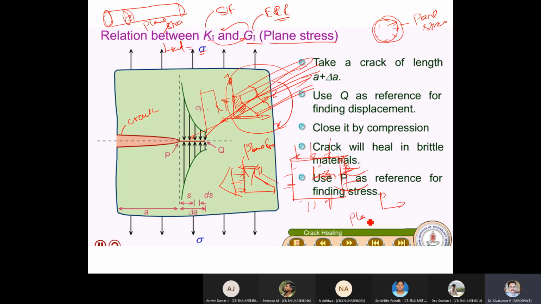But what is the nature? This is plane stress nature. In plane stress, there will be a chance of third direction displacement, that is, you will get UZ. Though we have considered the Z direction responses all 0, you will still get the UZ, which is the resultant of the X and Y components.